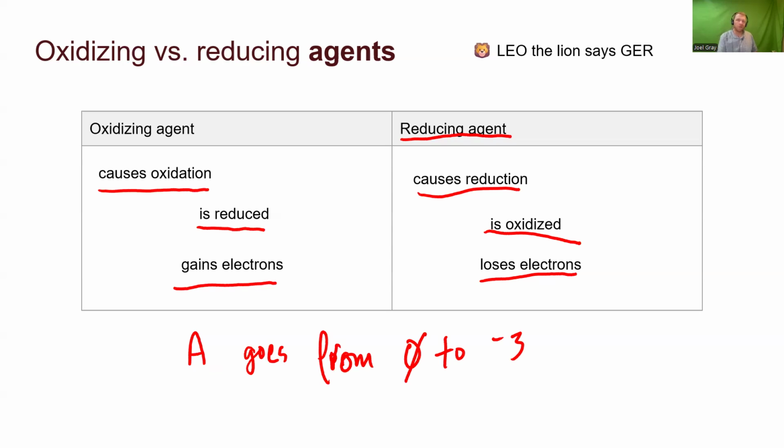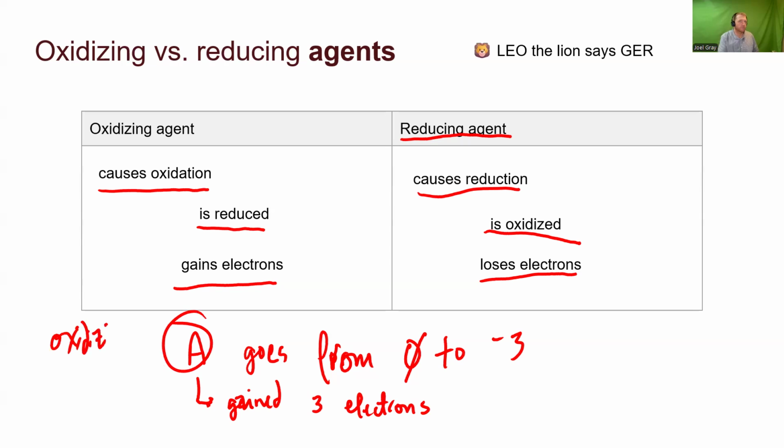What is something negative in terms of a subatomic particle? Electrons. A gained 3 electrons. So if something gained electrons, it got reduced. Therefore, this is the oxidizing agent. And the opposite is also true.